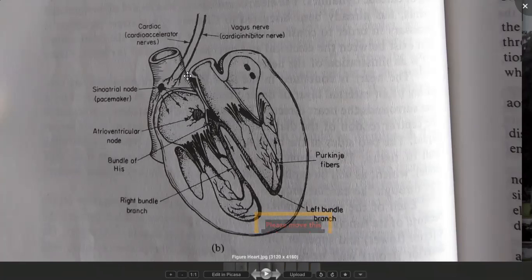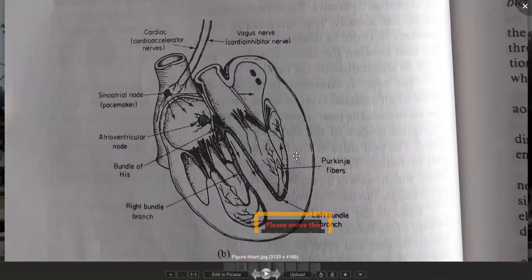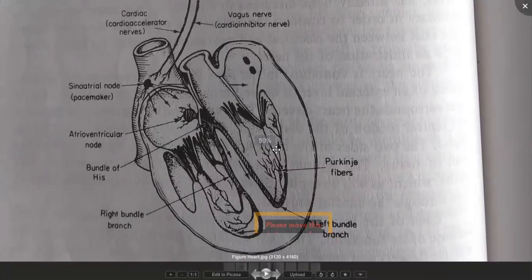So how does the heart contract and how does it relax? I mean, how are the heart chambers contracted and how are they dilated, meaning relaxed? That is because of what you can call a pacemaker.